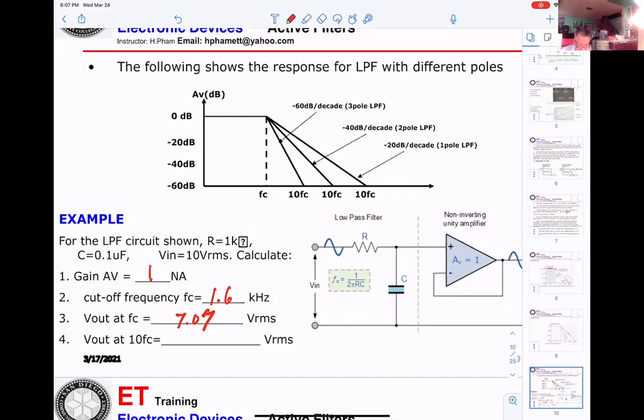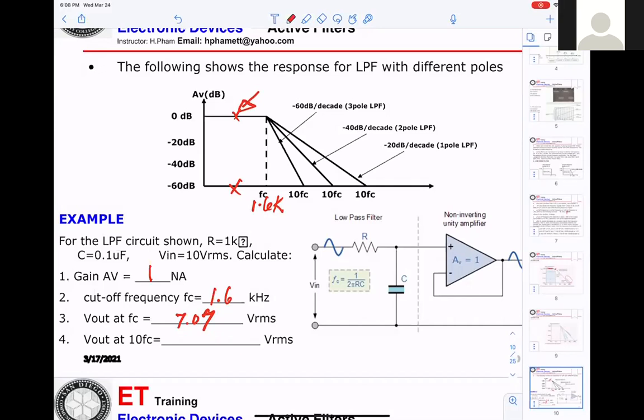Now I can say the cutoff right here is 1.6 K. I'm asking you about the signal at 1 kilohertz, maybe here, so that will be right here. What is the output? 707?